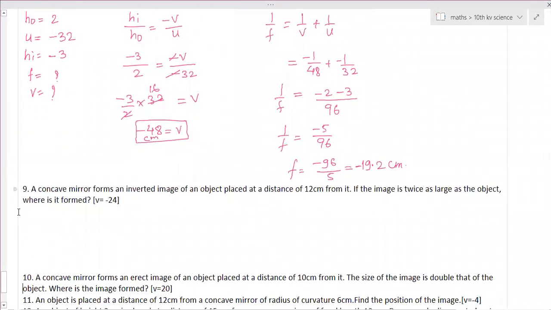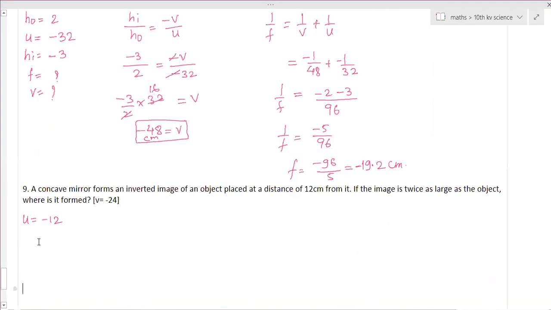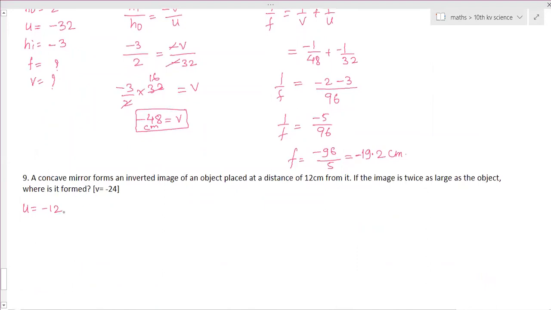Ma'am, U is equal to minus 12. Okay. If the image is twice as large as the object, this means HI is equal to double of HO. Very good. HI is equal to 2HO.